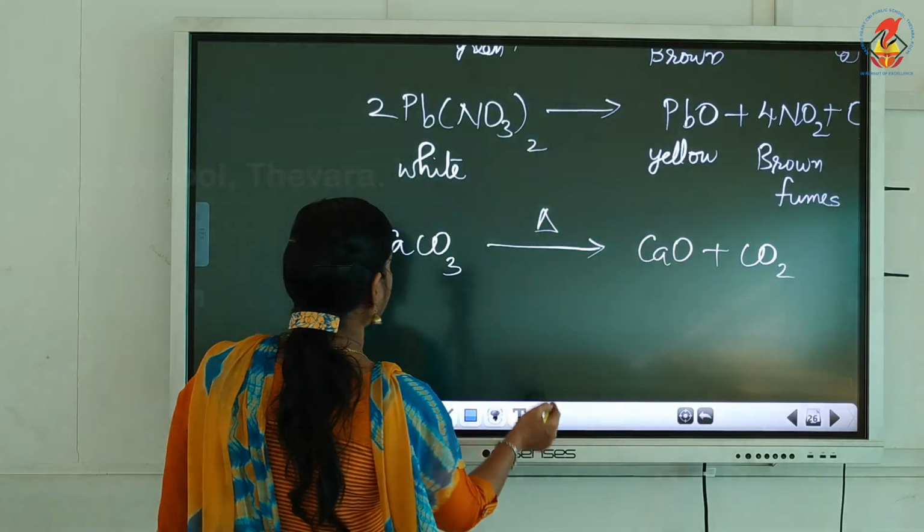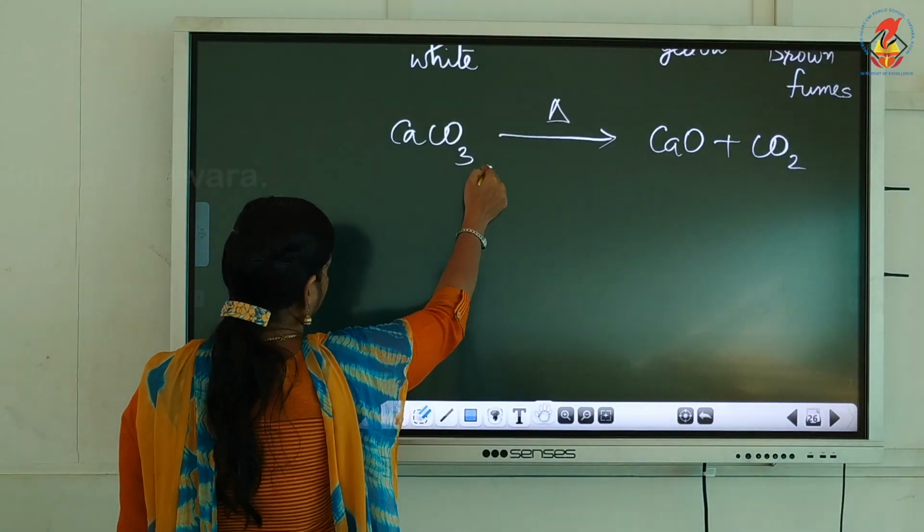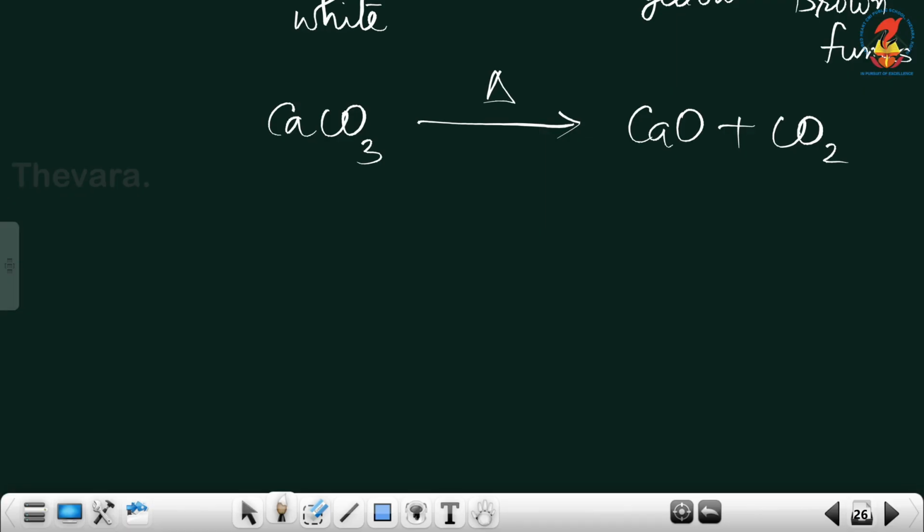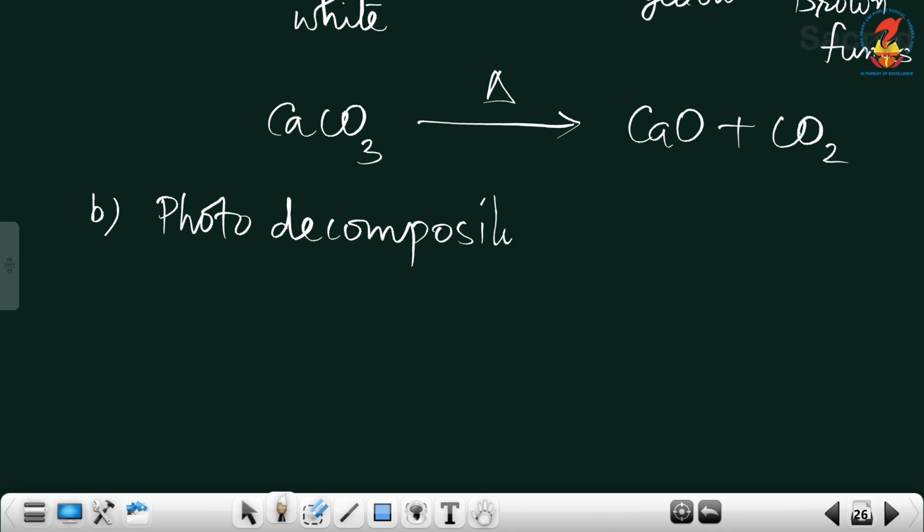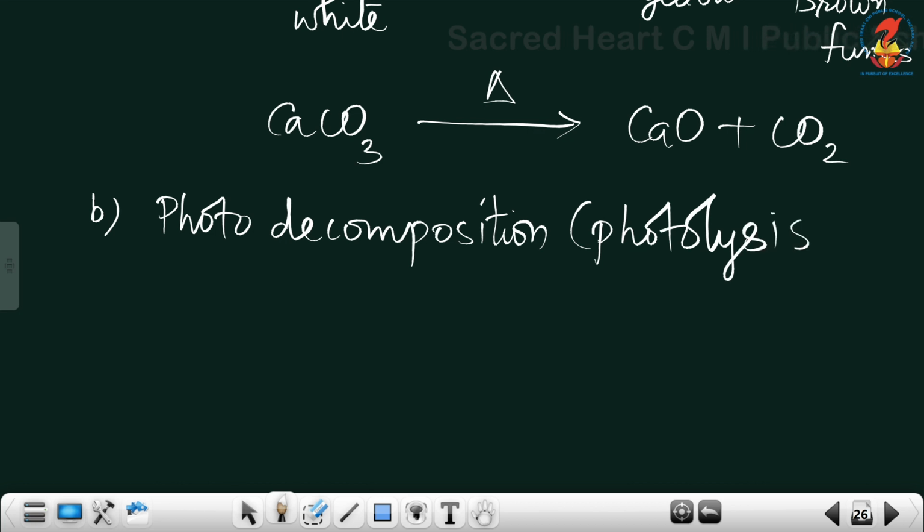Now we can see the second type of decomposition reaction, that is decomposition using light, that is photo decomposition, or we will call it photolysis. Lysis means splitting. So in presence of light only the splitting is happening.